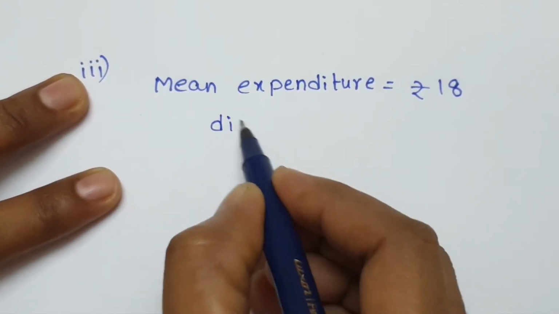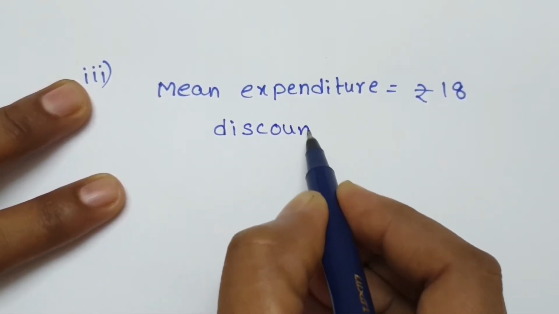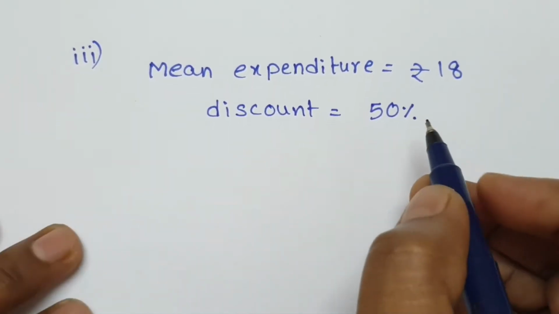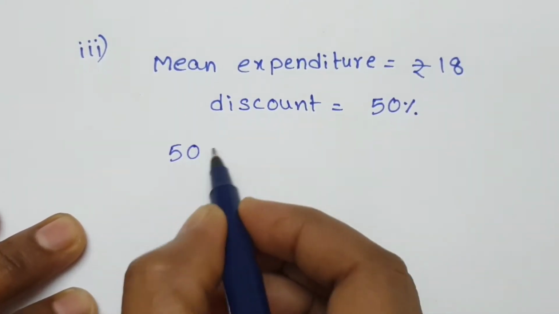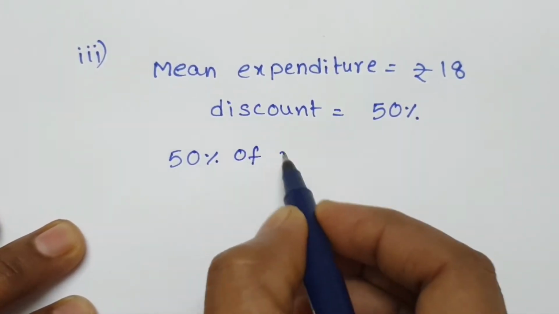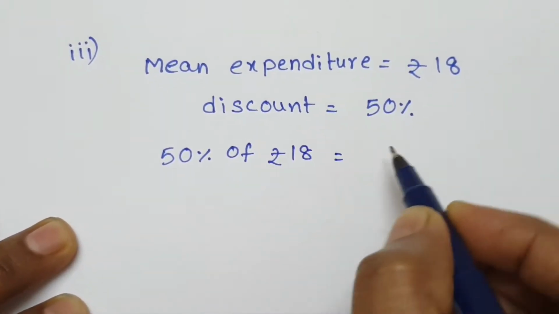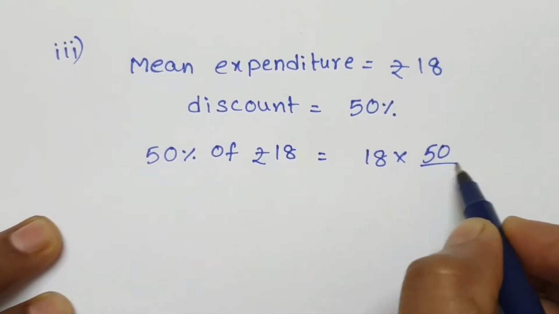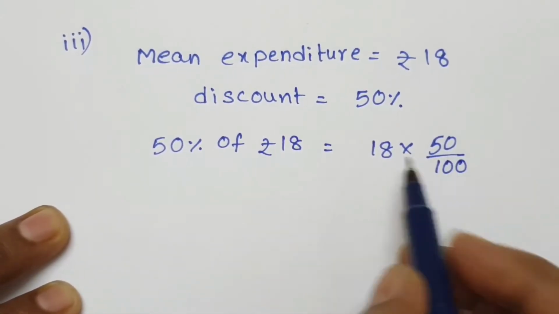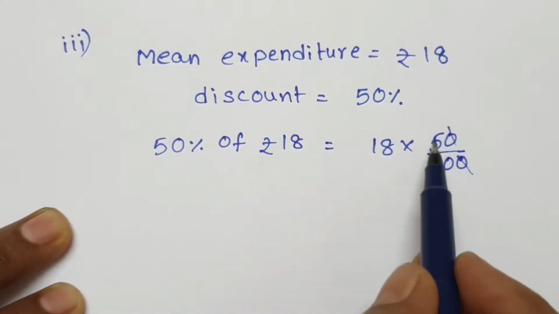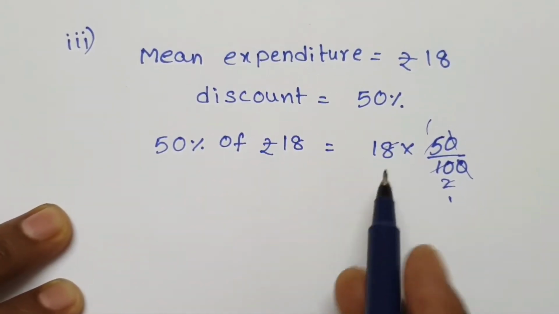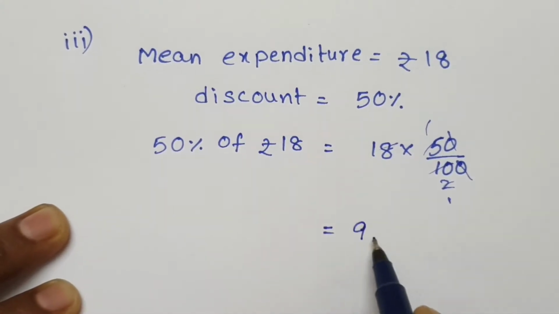For that, discount 50%. 50% of 18 rupees equals 18 into 50 by 100. Here the 0 gets cancelled. 5 ones are 5, 5 twos are 10. Again, 2 ones, 2 nines are 18. So 9 rupees.